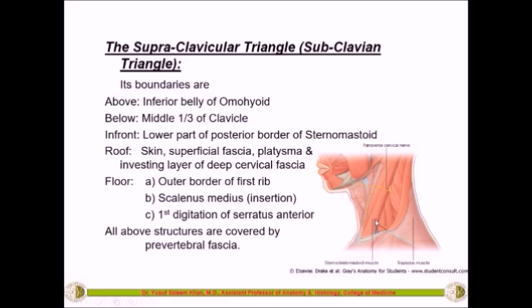First, the boundaries. Anteriorly we have the sternocleidomastoid muscle in the front, and posteriorly, or above, we have the inferior belly of the omohyoid.